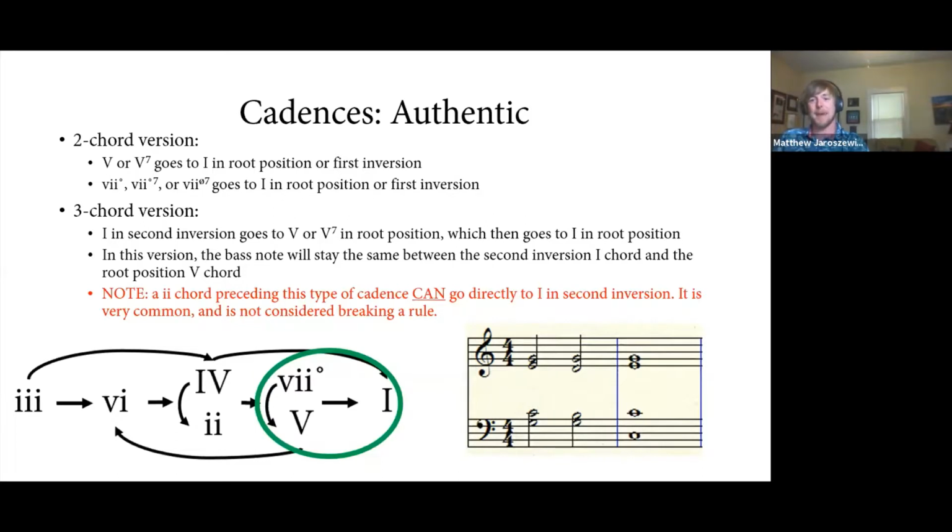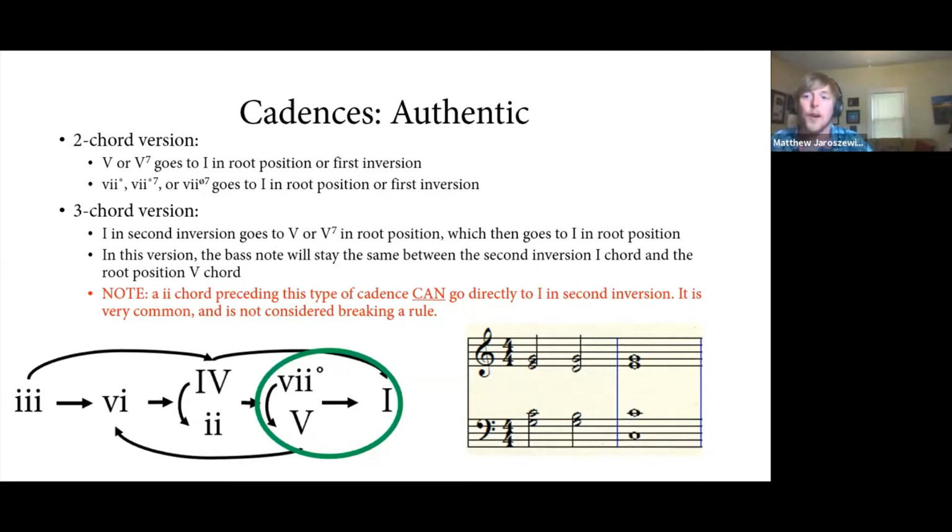It's much less stable than this or this. So you know when it's a cadence when you have a 5 chord or a 5/7 chord going to a 1 in root position or first inversion, or one of the diminished chords, triad, fully diminished, or half diminished 7th chord, going to the same thing.